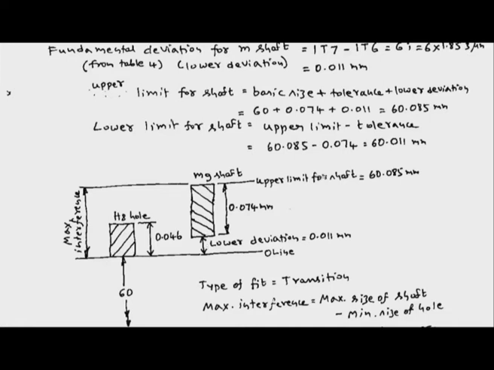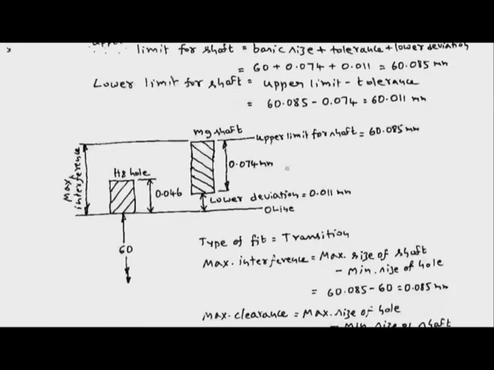That means the basic size is 60 millimeter, and then the lower deviation is 0.011 millimeter, and then the tolerance value is 0.074. If we add all these 3 values, we get the upper limit to be 60.085 millimeter. Similarly, we can find the lower limit for the shaft, that is the upper limit of the shaft minus the tolerance. So, that is equal to 60.011 millimeter.